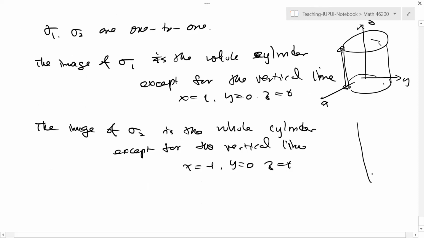And then the other one, the other side, okay. So on this side, this line is missing.